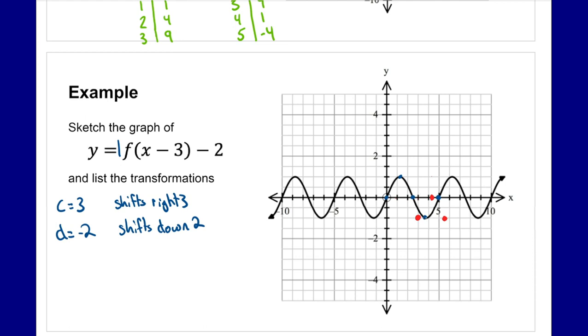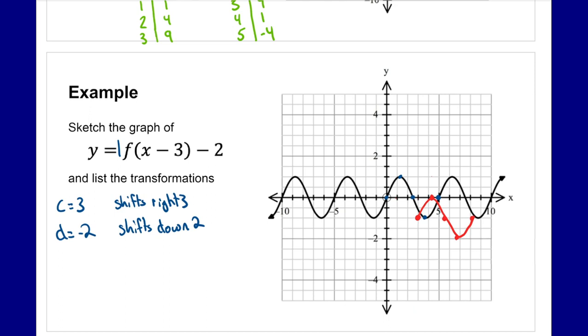Next point over 3, so 1, 2, 3, and down 2. And final point over 3, 1, 2, 3, and down 2. Connect those points, and we have our new function.